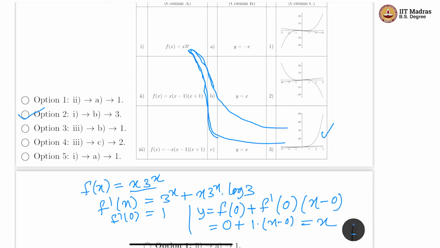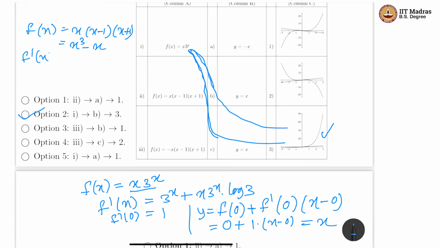Similarly, for the second graph, when we have f of x equals x minus 1, x, x plus 1, in that case also we can expand the brackets, then we will get x cube minus x.